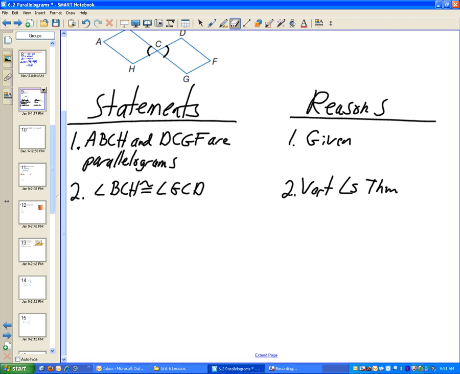And the reason I'm doing it this way is because I can use the fact that the opposite angles in a parallelogram are congruent in one step. I can do that twice, right? One reason, two different statements. So I can say that angle A, oops, no, wait. Angle A is congruent to angle BCH, and angle GCD is congruent to angle F.